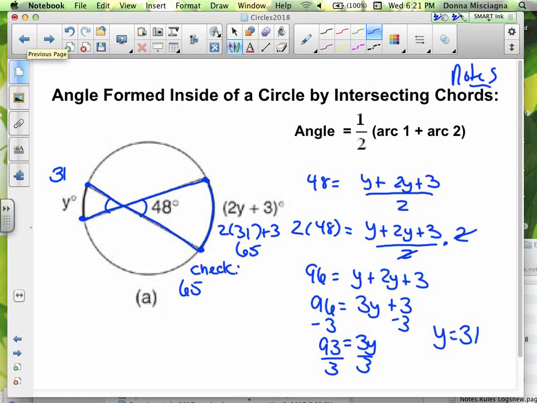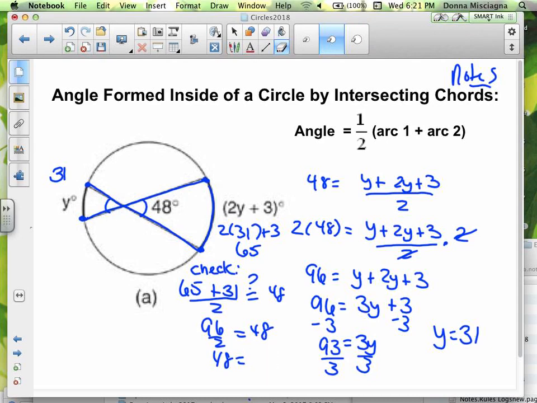If I add them together and divide by 2, do I get 48? So 65 plus 31, divided by 2, is that 48? Well, 65 plus 30 would be 95, so add one more, it's 96. 96 divided by 2, and that indeed is 48. So that checks out.